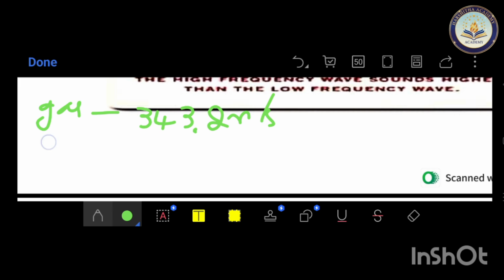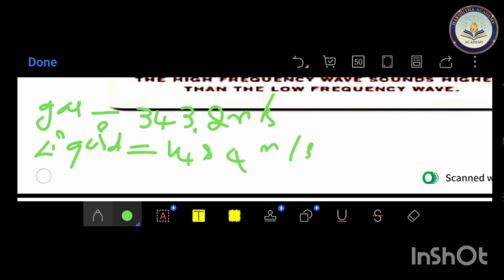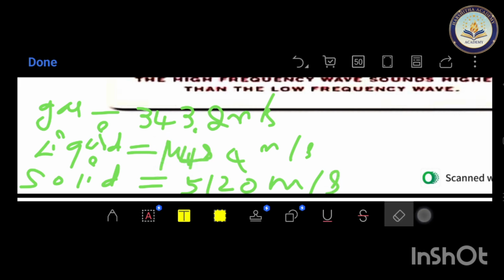In liquid, the speed is 1484 meters per second. In solid, the speed is 5120 meters per second.